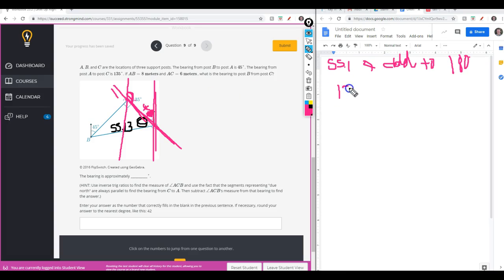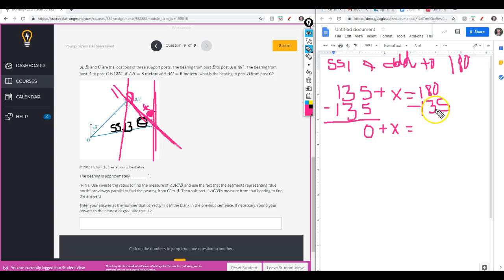So I have 135 plus x is equal to 180. Well, 135 is being added to x. I know the inverse operation is to subtract 135. So I'm going to subtract 135 from both sides. 135 minus 135 is 0. I still have a positive x.